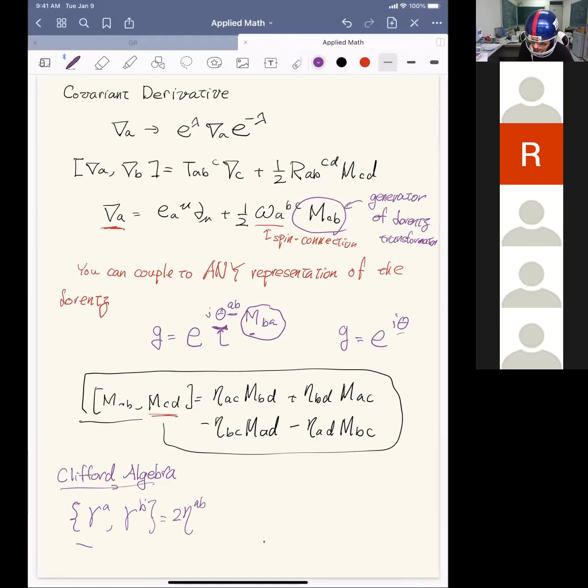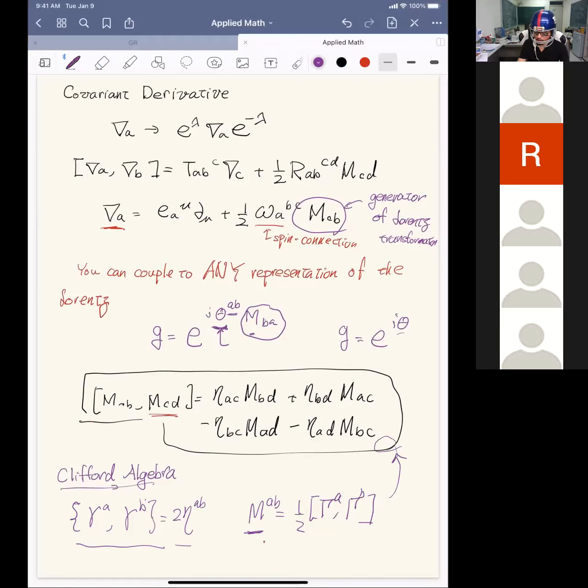If you can find a set of gammas that satisfy this algebra, then you can show that if you write M_AB as just 1/2 the commutator of gamma A, gamma B, then this algebra will be automatically satisfied. Okay, so this is another solution to this algebra.